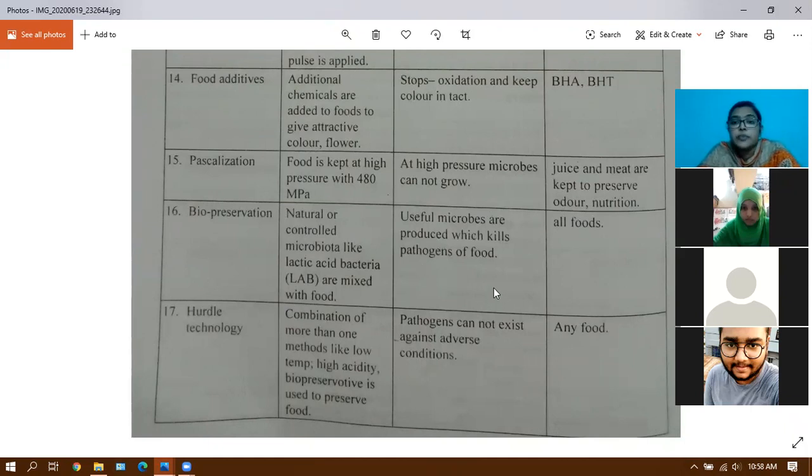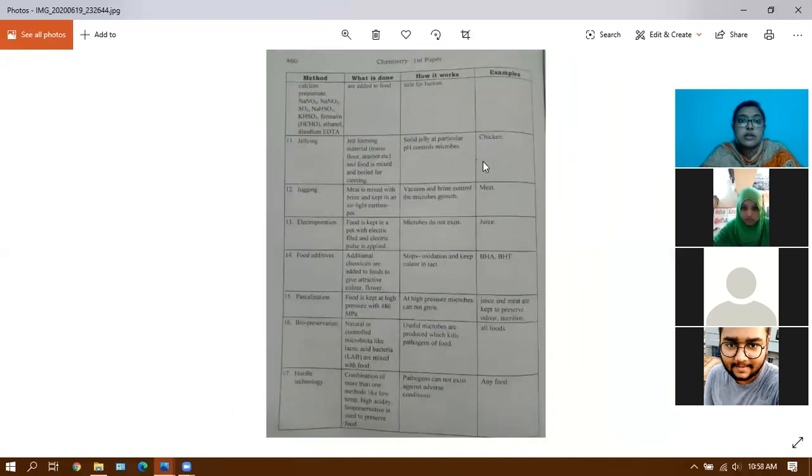These microbes kill pathogens that are produced in food, and in this way these useful microbes help to keep the food safe. So this is an important food preservation method for your examinations. You have to read all these methods.